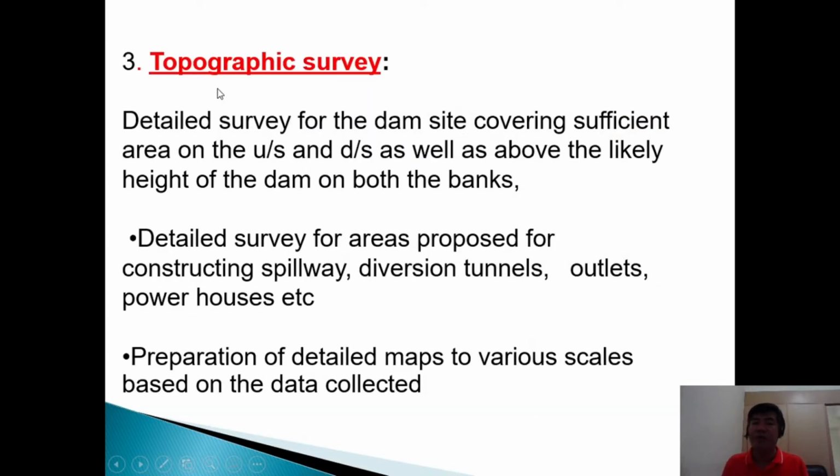Then the topo survey, of course, because you need the exact topography of the whole area, so you'll be requesting surveyors to conduct a detailed topographic survey. So a detailed survey for areas proposed for the different structures: spillway, diversion tunnels, outlet, powerhouses. So from the location map that is being proposed, you have to conduct the detailed topographic survey.